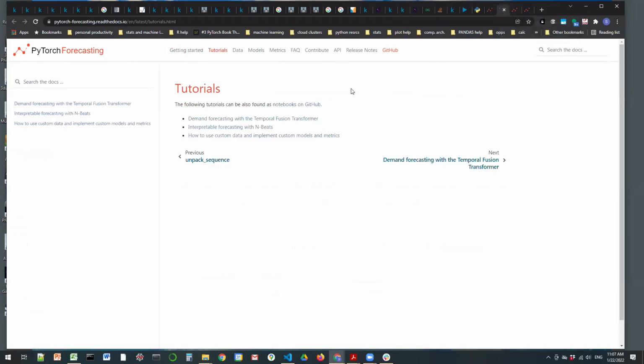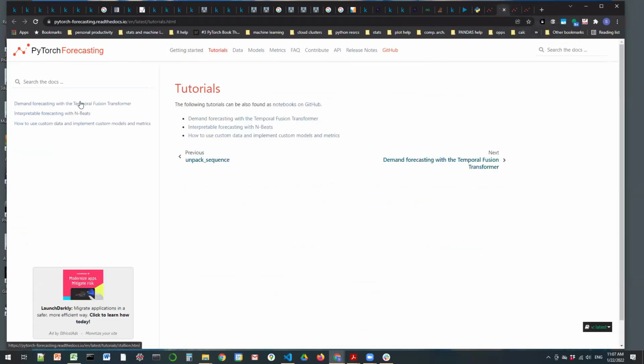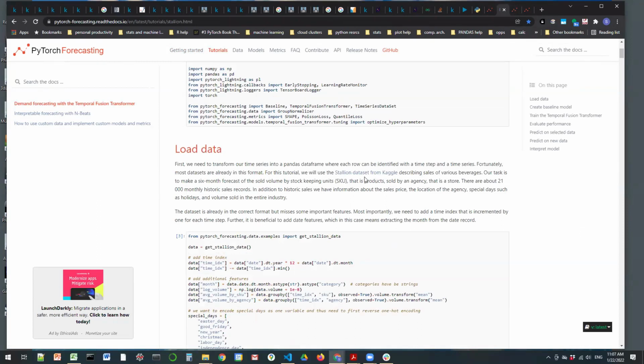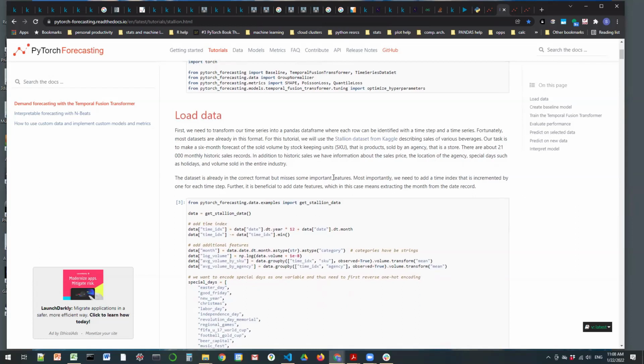Let's see the tutorials. Yeah. Okay, this is the one. Yep. So see here it is using the Stallion dataset from Kaggle, which apparently is an attempt to forecast SKUs of beverages in various stores, if you will, and also has the date and time, and because it's a store, it has things like weather and holidays that would have an impact on your predictions.